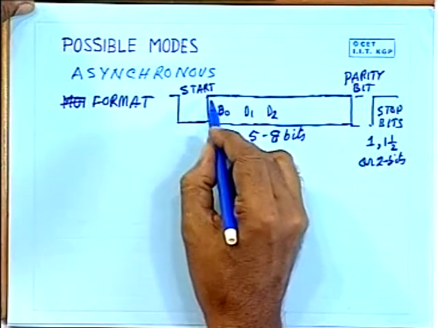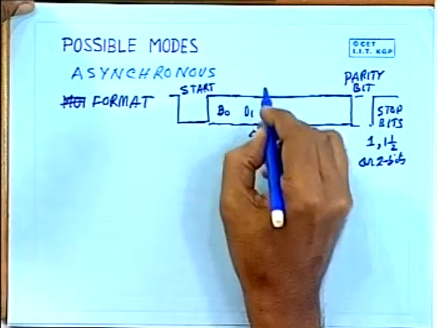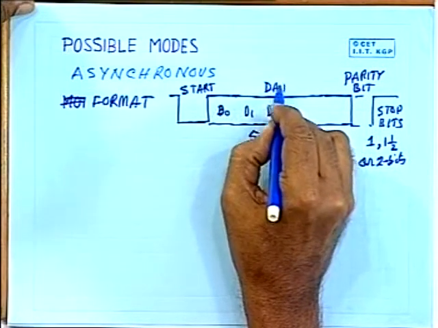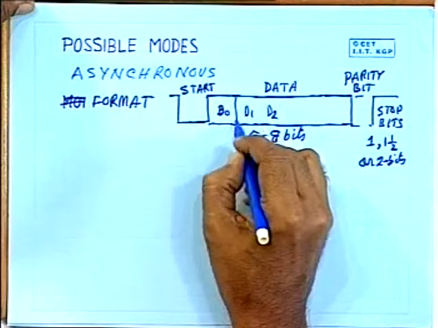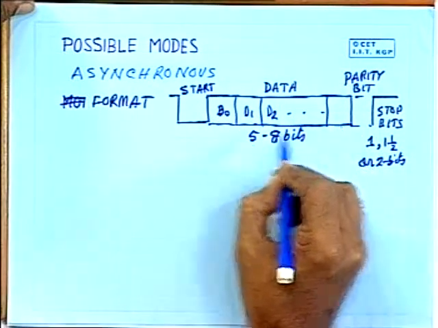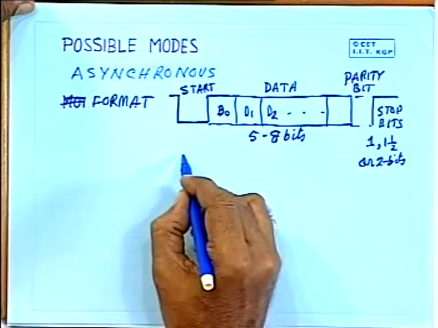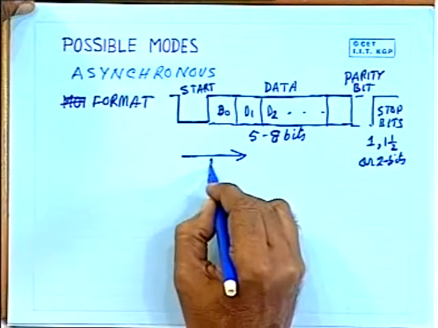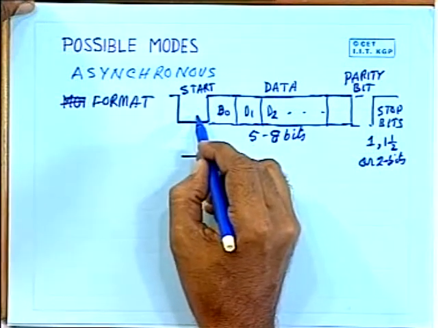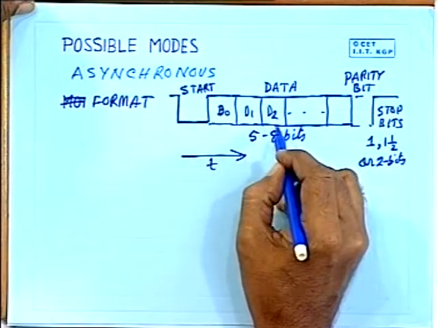That means you are sending a character which can be 5 to 8 bits in length. So this is your data that you are sending, and you are framing it by using a start bit in the beginning. That means you are sending in this way. This is the time. You are sending first the start bit, then the lower order bit, then the next bit, then the next D2 bit, and so on.